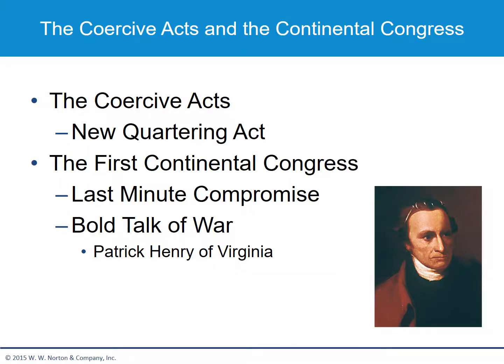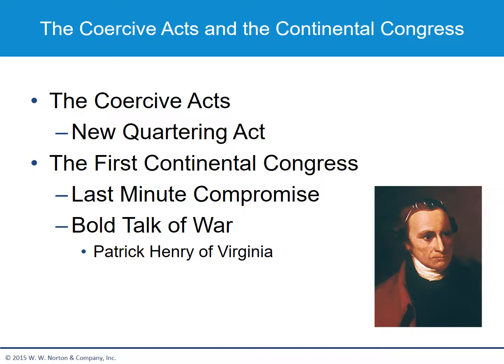The British decided after the, quote, Boston Tea Party that they had to deal very firmly with the colonies. And so they are going to pass a series of acts that become known as the Coercive Acts in Great Britain. Here in North America, we call those the Intolerable Acts. The British are basically going to very severely punish Boston and the colony of Massachusetts for the Tea Party.